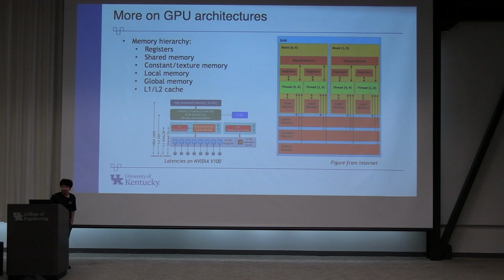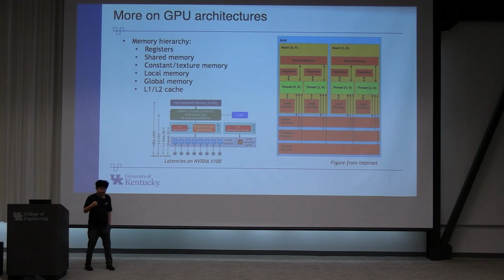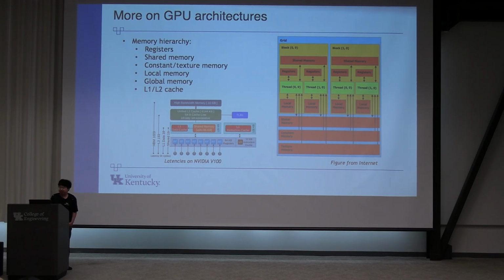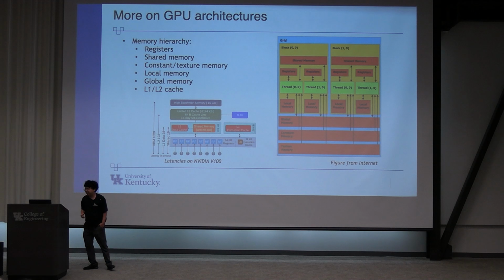The constant texture memory is used to hold some constant data, which is not usually used in our scientific data domain, but may be used for some graphics tasks. GPUs also have a local memory, which has a similar access speed compared to the global memory.